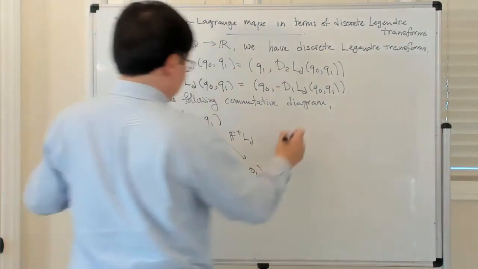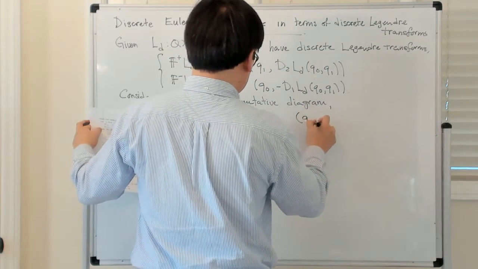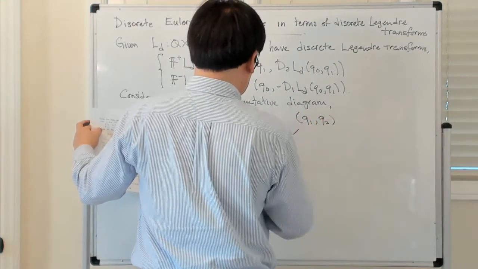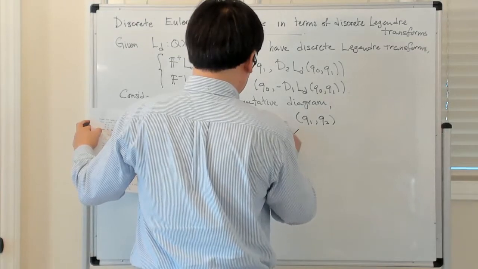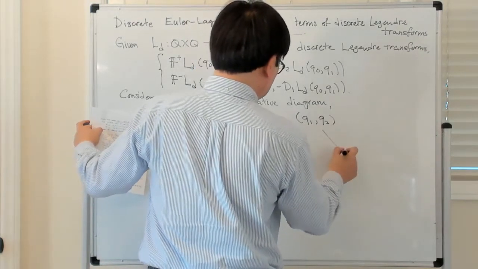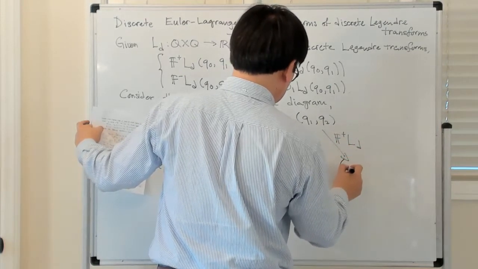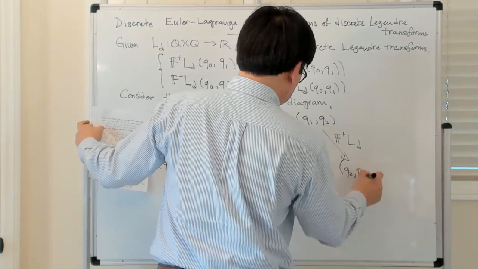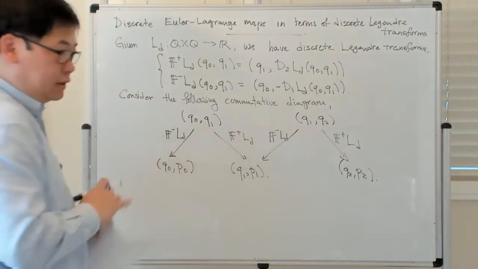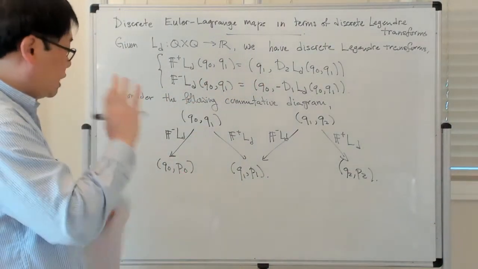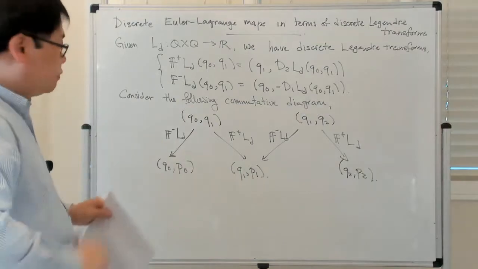I can do the same thing for (q1, q2): F- L_D and then F+ L_D maps to (q2, p2). So far I've not really done anything; the diagram trivially commutes because there are no closed loops.